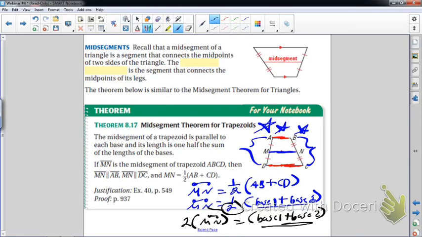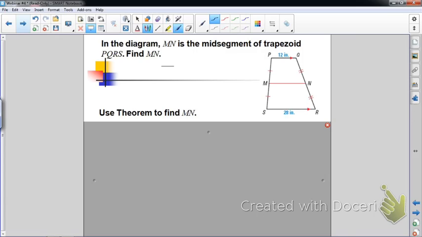Again, you're just going to add these two bases. I could also ask you different ways to figure this out. Maybe I can ask you, what is base 1, knowing that base 2 is 5 and line segment MN is 15? You just have to use the formula and solve for base 1. It's just algebra, something that you should feel comfortable with.